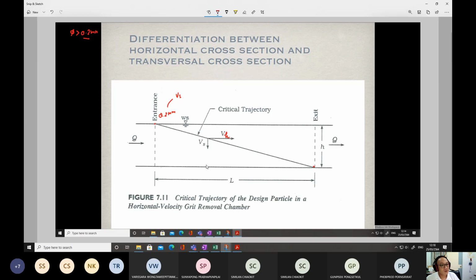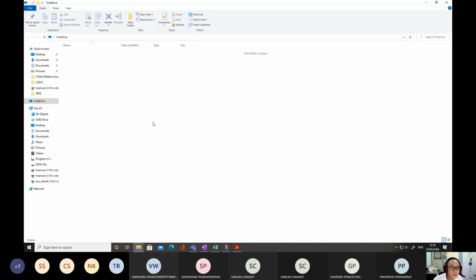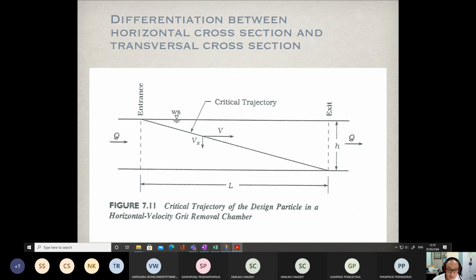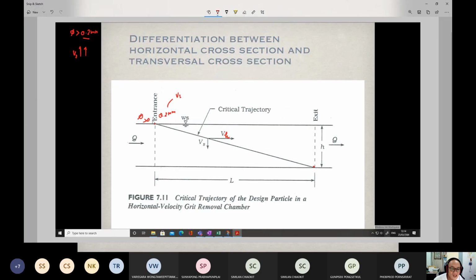It is very interesting if you consider particles with size larger or smaller than 0.2 millimeters. For a particle with size larger than 0.2 millimeters, you can expect that the Vs could be higher, right? So what will happen?